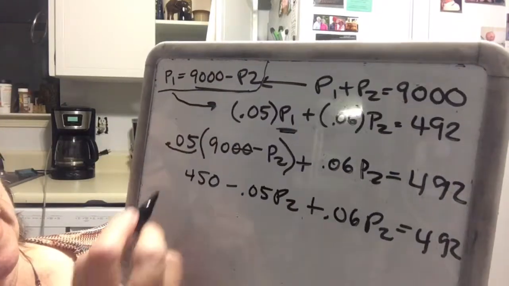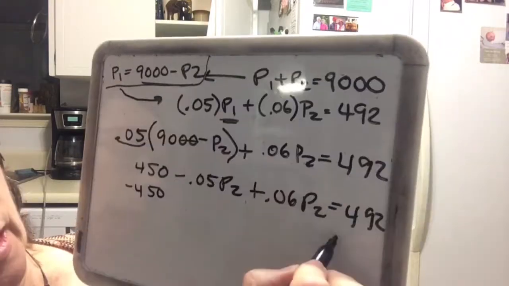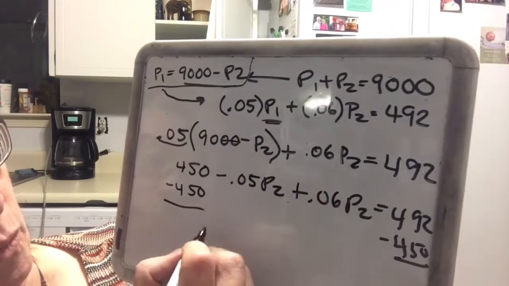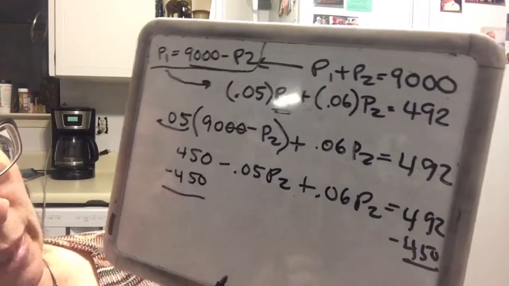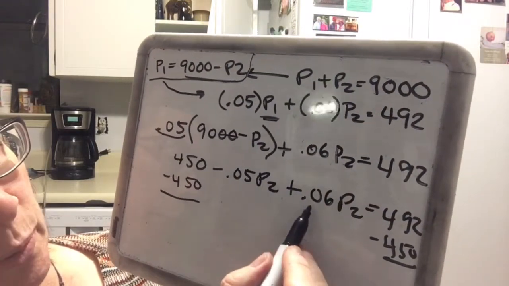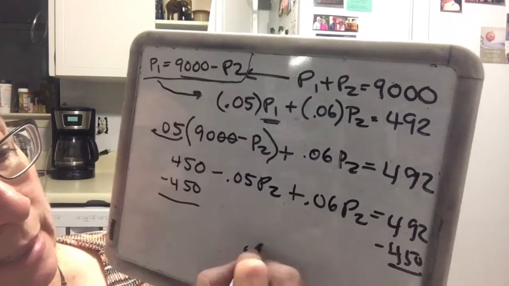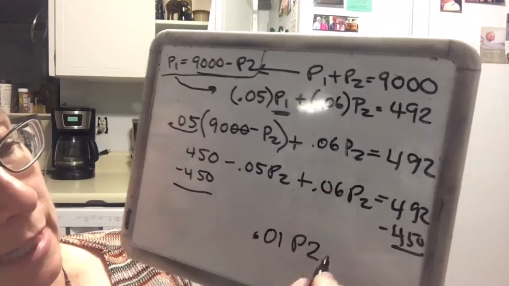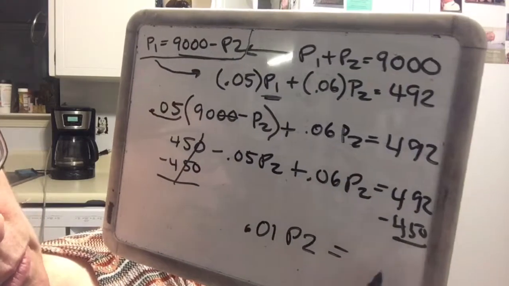So I'm going to subtract the 450 from both sides. That leaves me with negative 0.05 P2 plus 0.06 P2, which gives 0.01 P2 is equal to 42.